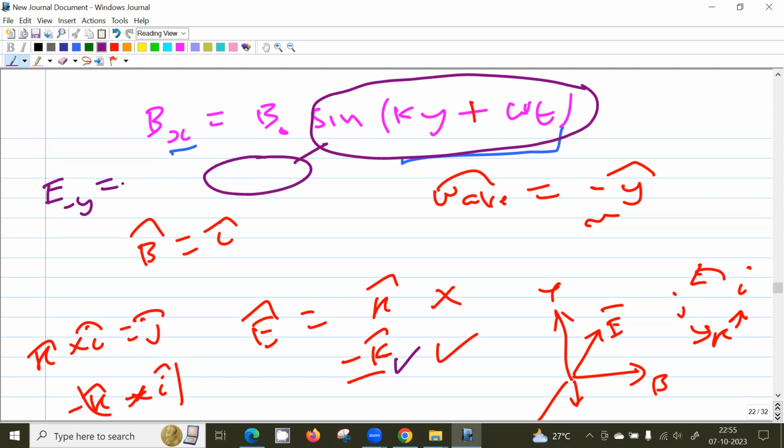E naught by B naught is c, so E naught will be B naught into c. B naught is known, so E naught is known. So once this Bx is given, I can find E along minus y, because I just have to drop this here and instead of B naught, I have to write B naught into c.